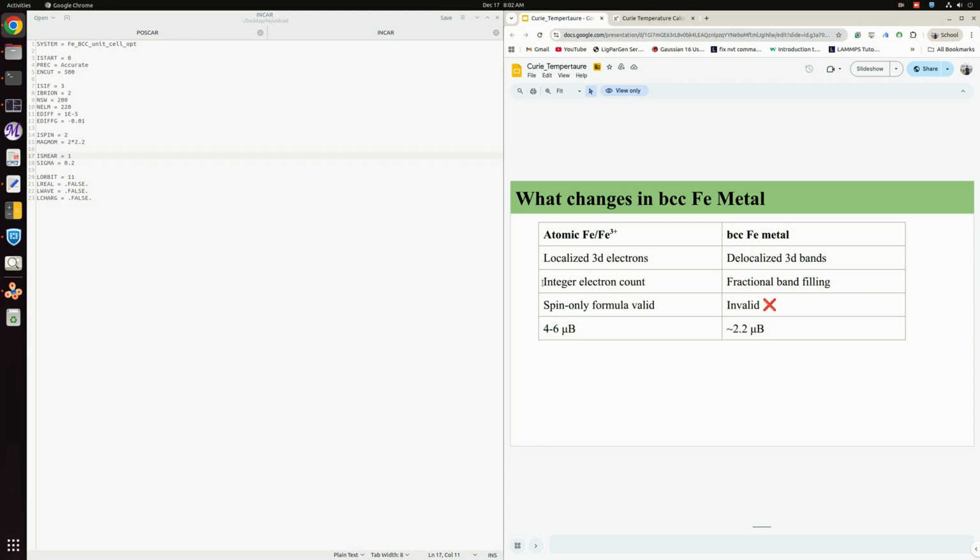In the atomic section we have an integer electron count, but in the metal we have fractional band filling. Similarly, the spin only formula is valid for the atomic case, but it is invalid in the case of metal.